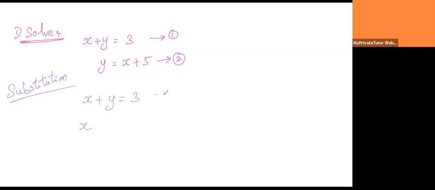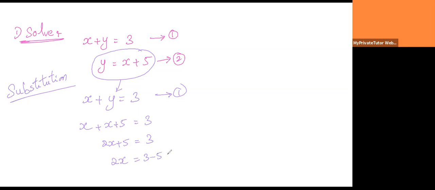So this is the first equation. This is the y value. I will replace this y with x plus 5 equals 3. Then simplify: 2x plus 5 equals 3. And then solve. 2x equals 3 minus 5, which is negative 2. So what is x? Negative 2 by 2, which is negative 1.